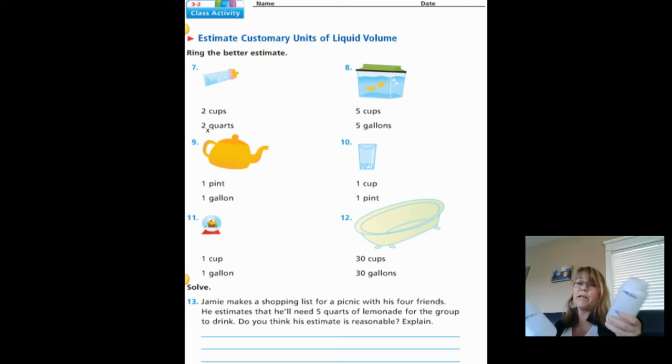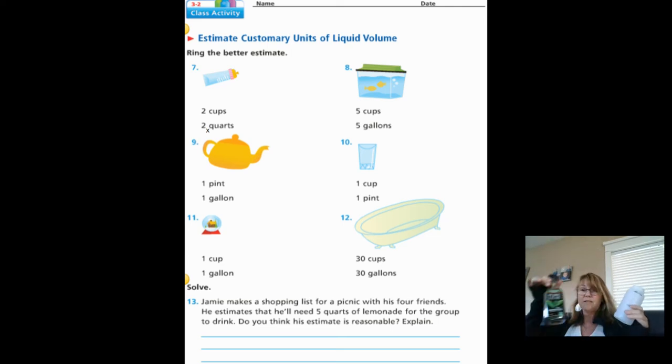It's not a giant baby. It's a baby. So I think 2 cups, which is about the same amount as my tea, would make more sense.